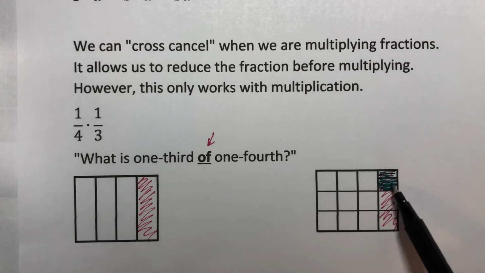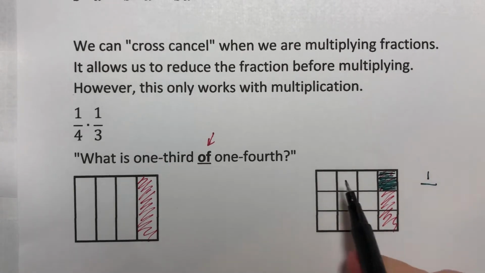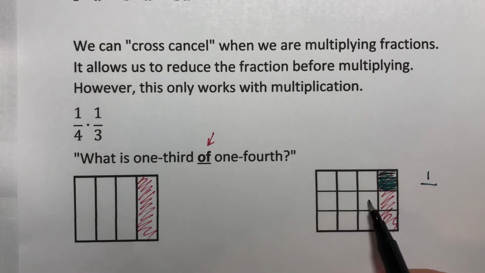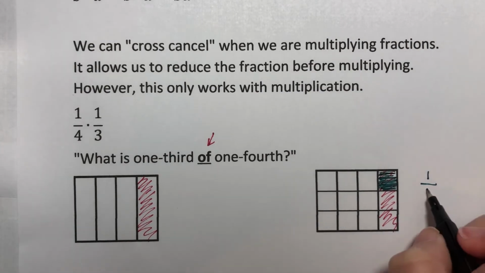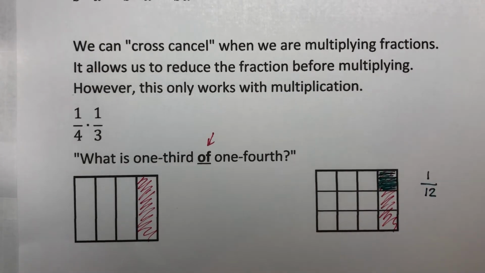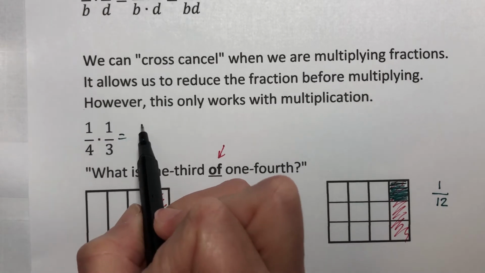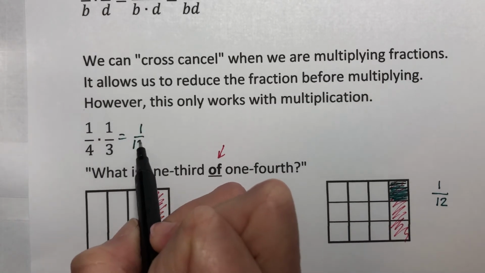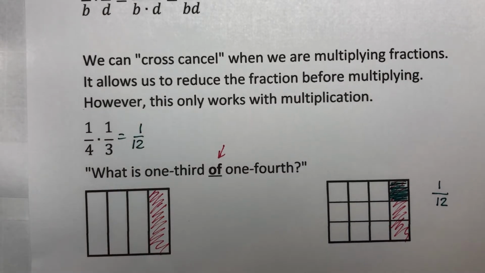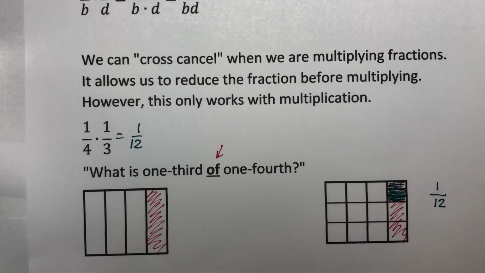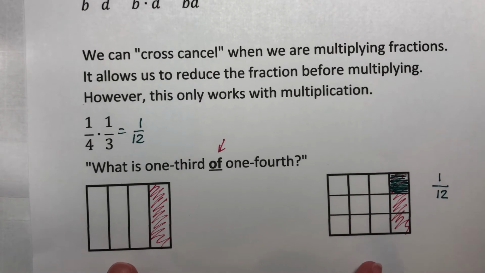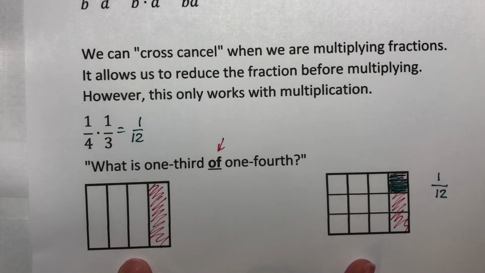Well, that's one piece out of how many? 1, 2, 3, 4, 5, 6, 7, 8, 9, 10, 11, 12. It's 1/12 of this whole big piece. 1/3 of 1/4 of it is 1/12. 1 times 1 is 1. 4 times 3 is 12. Obviously, we're not going to draw a picture every single time we do a multiplication, but understand this is really what is going on here.